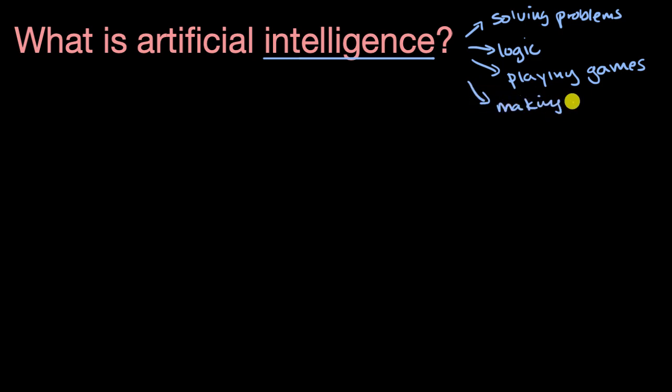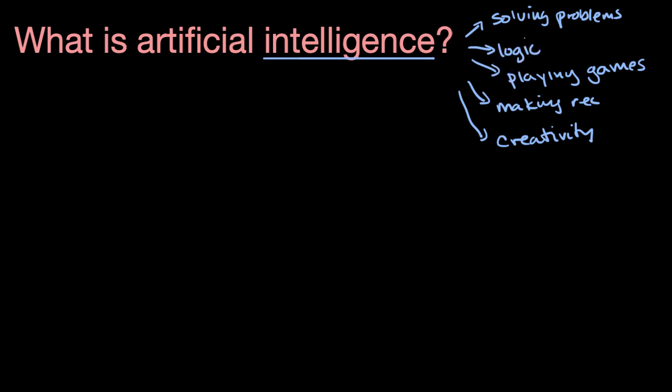We could also imagine things like creativity, making things that have never existed before, whether it's a painting or whether it is a story of some kind. And I could keep going, and you can come up with your own list of what you associate with intelligence. What do you think makes you or me intelligent?